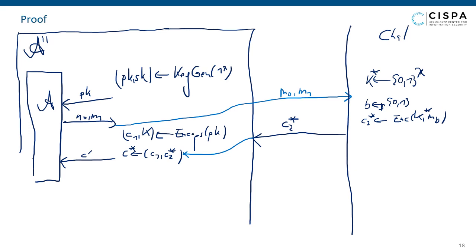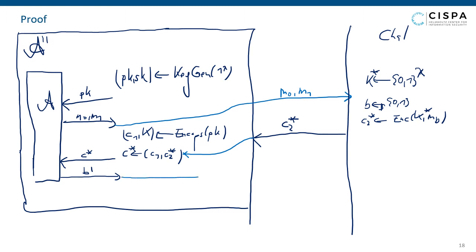Now C asterisk is given to the adversary A, which of course responds with a bit B prime. And all our adversary A double prime does is forward this bit B prime. That's already the entire description of this adversary A double prime.